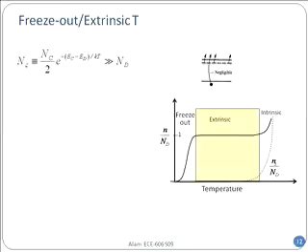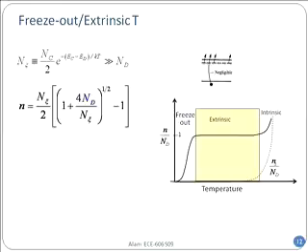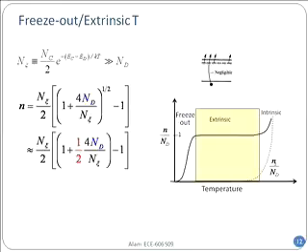Now, what about the transition region from the freeze out to the extrinsic? Well, in that case, we can take this expression, which we just looked into, and look at its behavior at higher temperature. Where does this curve go at the end of the freeze out region? What I have done from the step on the top to the step on the bottom is I have assumed the number of donors is actually smaller than n sub xi.